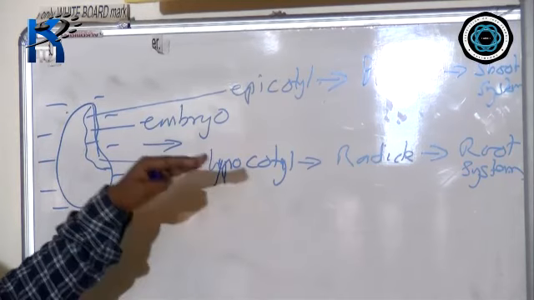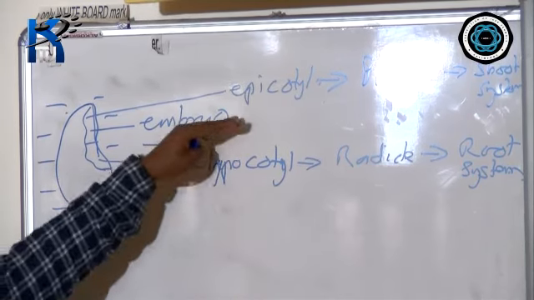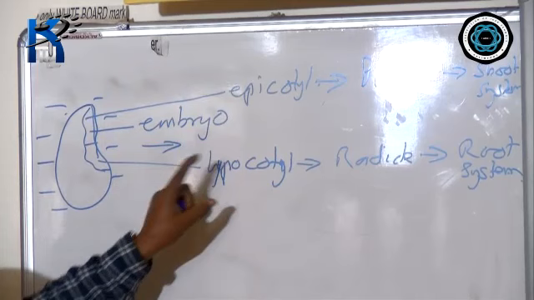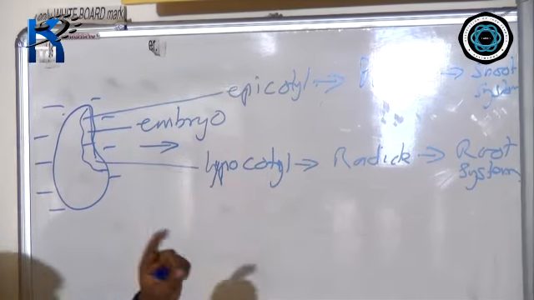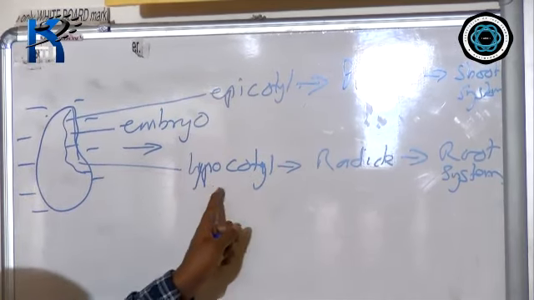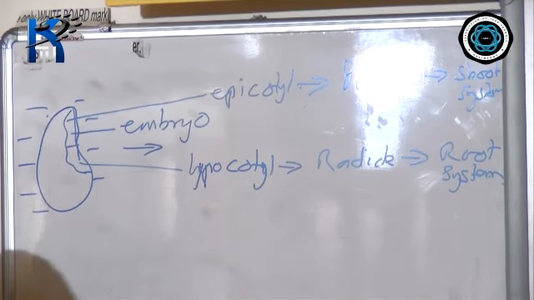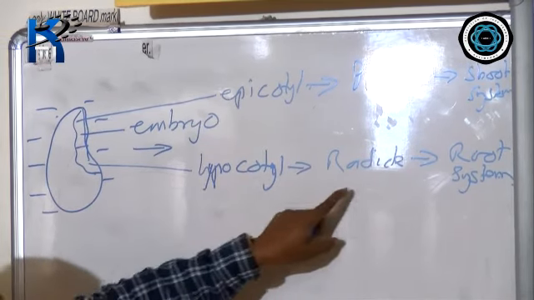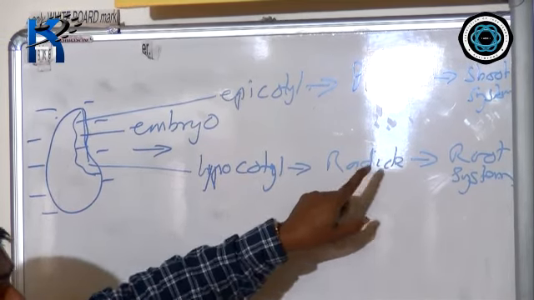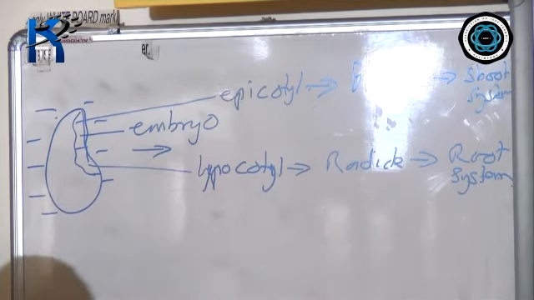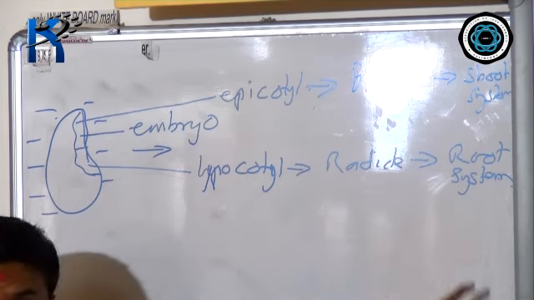Hypo means lower, epi means upper. Afterwards the cells differentiate and give rise to the radicle. The radicle, due to absorption of water, gives rise to the root system.